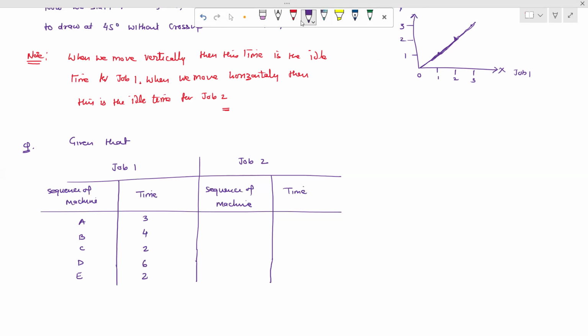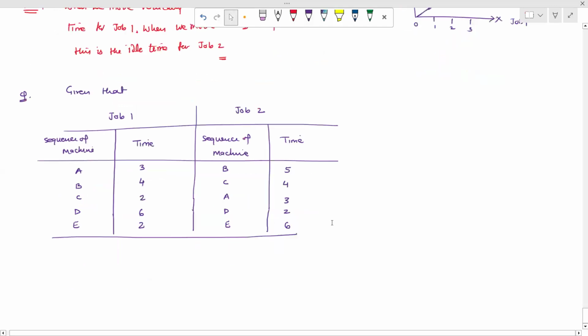And the sequence of machines for job 2 is B, C, A, D, and E, and the times for job 2 are 5, 4, 3, 2, and 6. Here we obtain the total elapsed time and idle time.